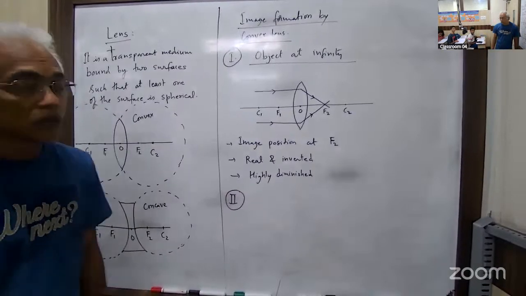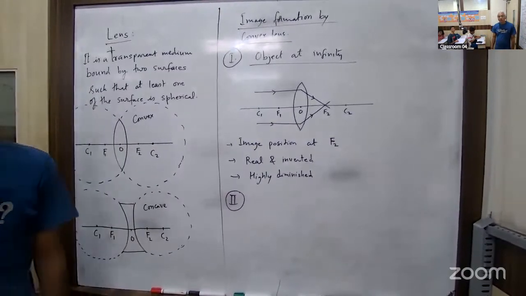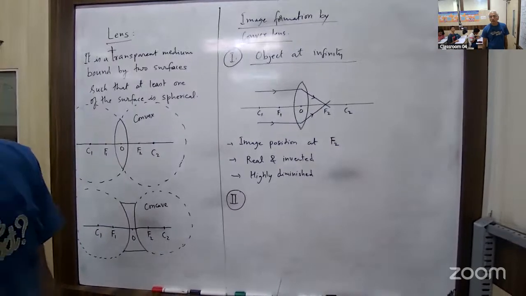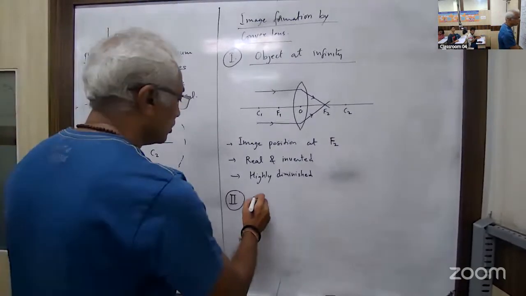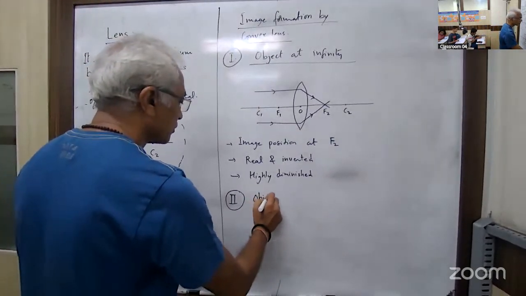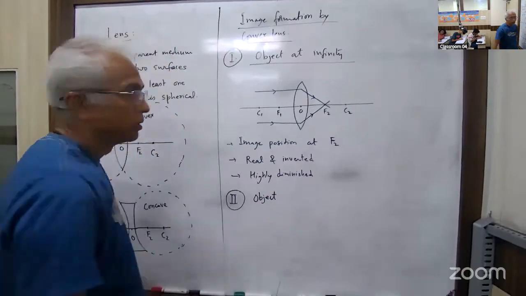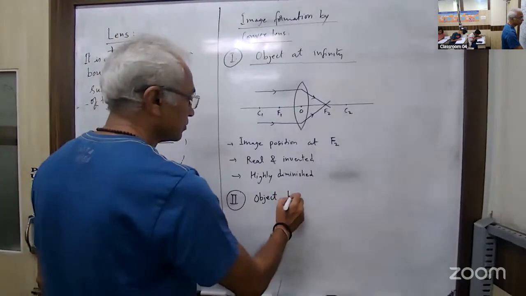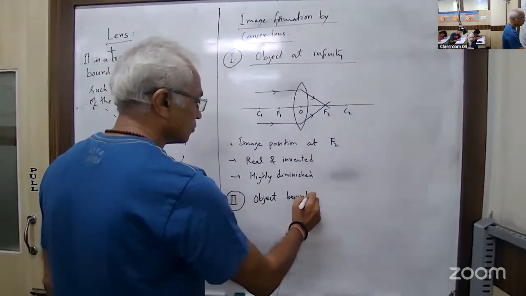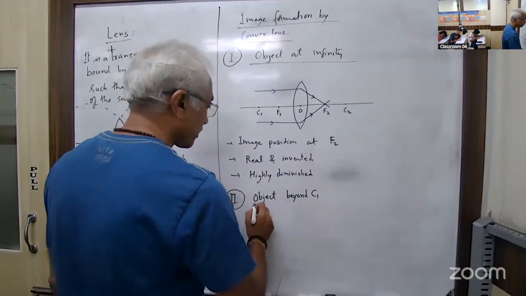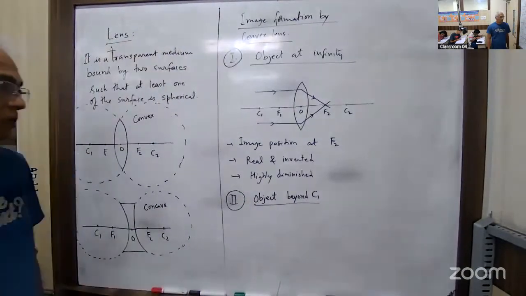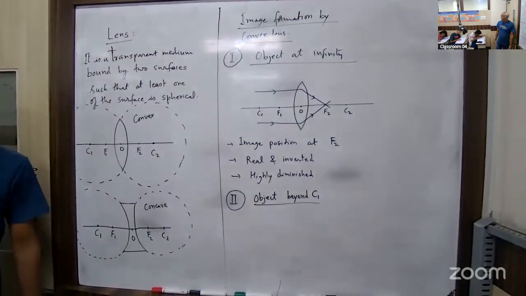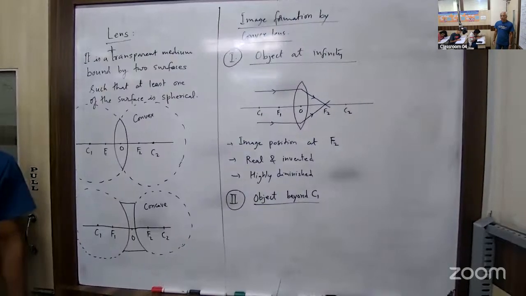Okay. Now let's look at the object beyond C1. Now we will draw the ray diagram for an object beyond C1.